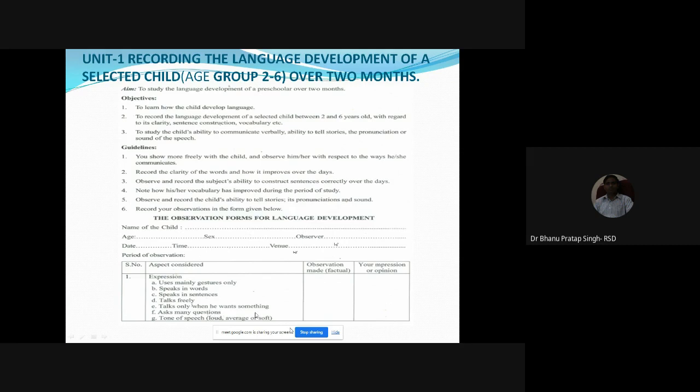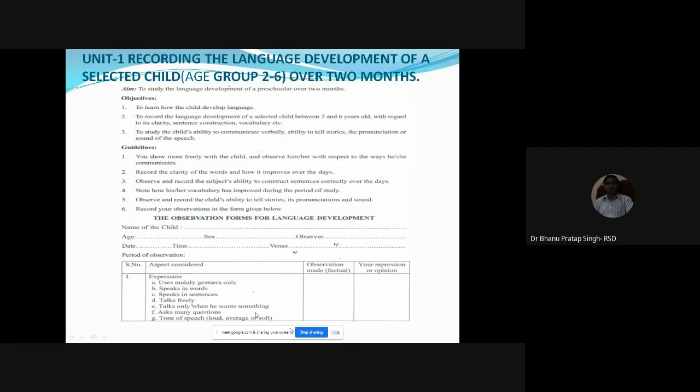Sometimes as a motivation, as a reinforcement, you give the child something attractive or some sweets and even chocolate. Otherwise, he always refuses to answer your question. Talks only, asks many questions. If you ask many questions at the same time, then what is the observation of the teacher with respect to the many questions being asked by the child?